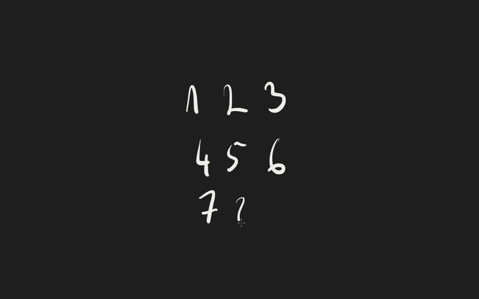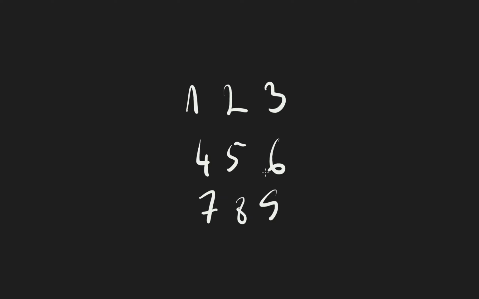So let's first look at what we're actually doing. If we have an array of numbers and we want to rotate the image clockwise 90 degrees, what we're basically doing is just this.